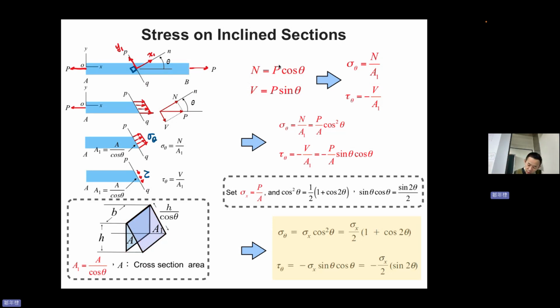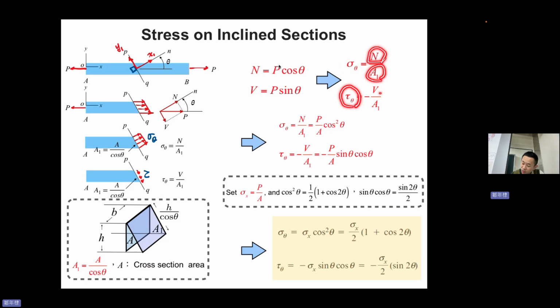For the cross-section area A1, you have the same B, but you will have a longer height. The height must be H divided by cosine theta. So your A1 equals A divided by cosine theta. So A1 is greater than A. Okay, so your sigma theta equals N divided by A1.